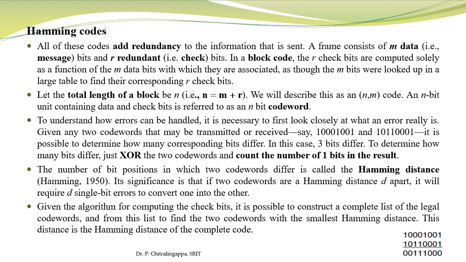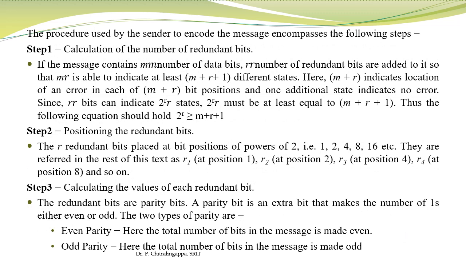In the Hamming code, we add some additional information to the original data, do some processing, and send it to the receiver end. The receiver verifies the data using the added bits.